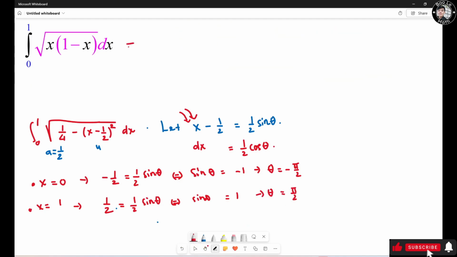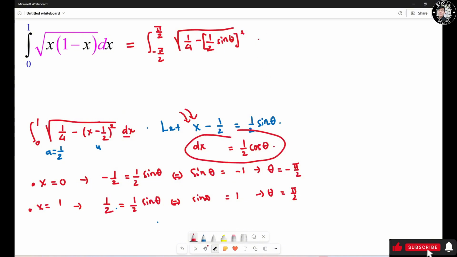This integral becomes the integral from negative pi/2 to pi/2 of the square root of 1/4 minus (1/2 sine theta) altogether squared. Now ds becomes this right here, so it could be 1/2 cosine theta d theta.